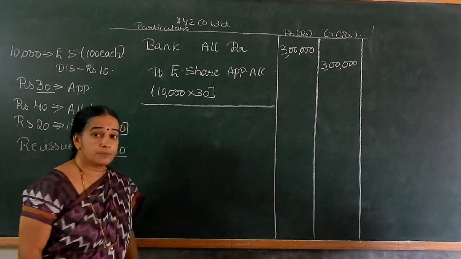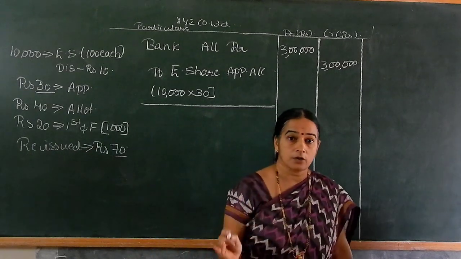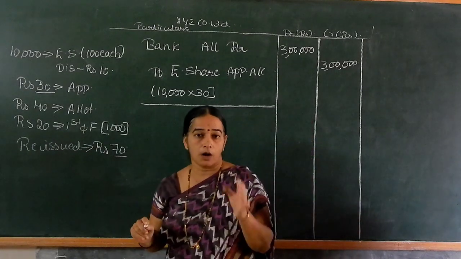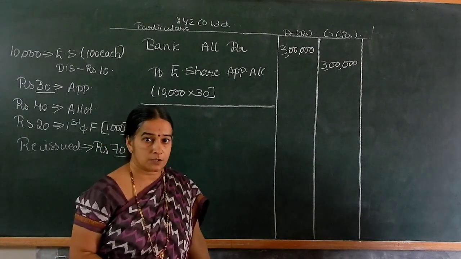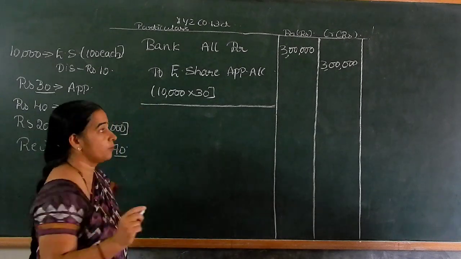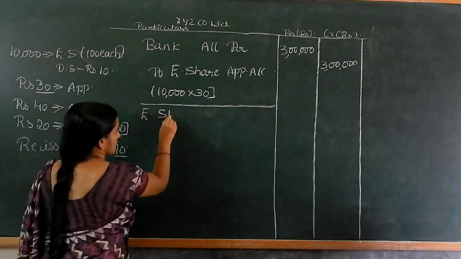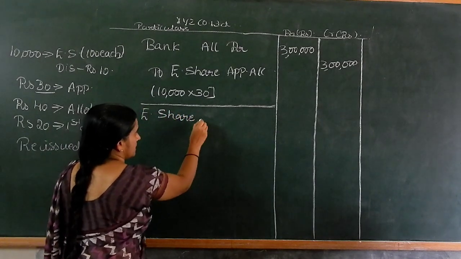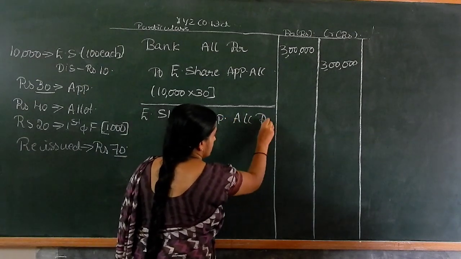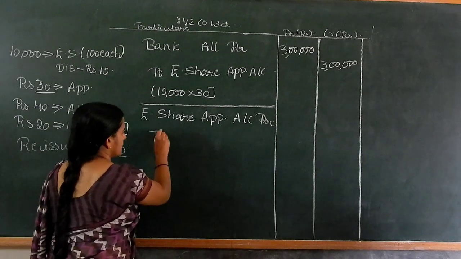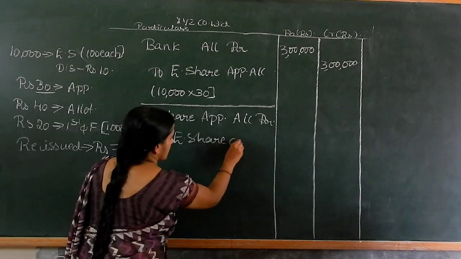Next journal entry. Equity share application account is part of share capital. So application money has to be transferred to the share capital account. For transferring the amount, one more entry has to be passed: equity share application account debit to equity share capital account.